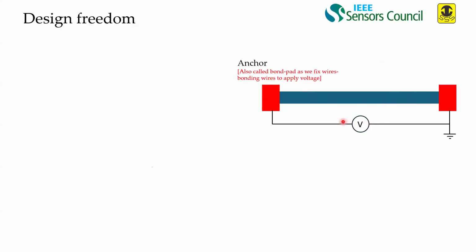Current will flow, and because of joule heating, it will heat up. Please check what joule heating is, because it is important for us. Your material will heat up, and there will be some deformation, a change in length.